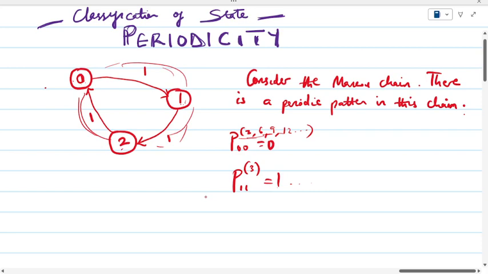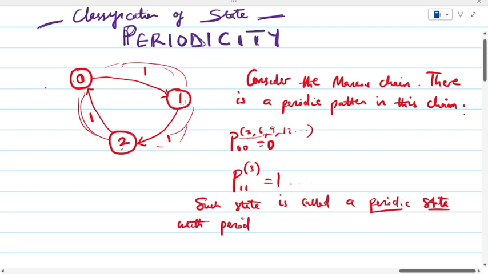So we call this state, with a periodic pattern, a periodic state. And this state has a period, written as d of 0 equals 3, while d of 1 also equals 3.